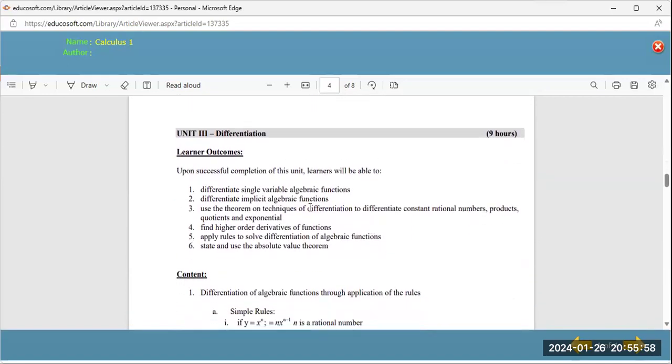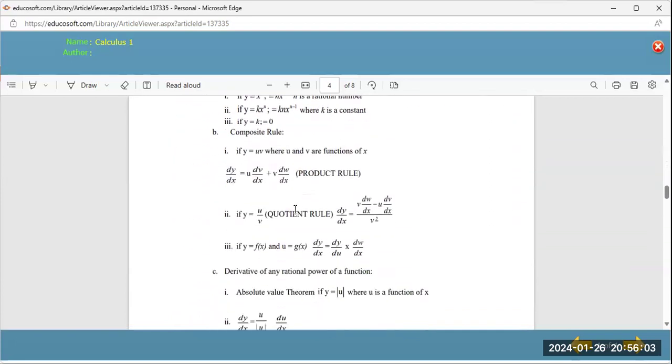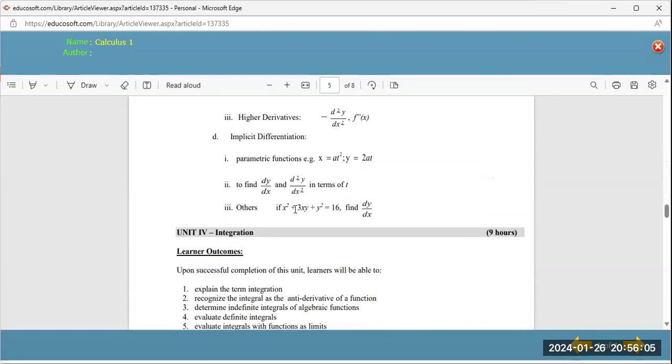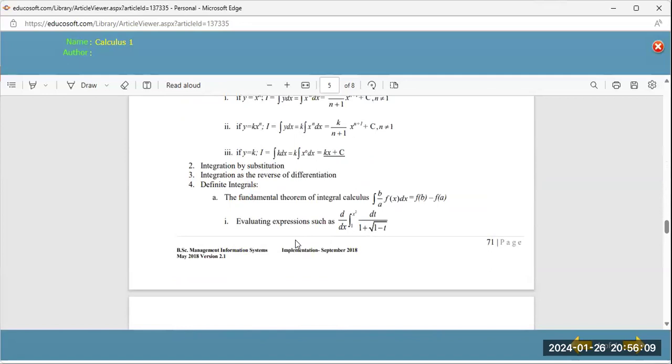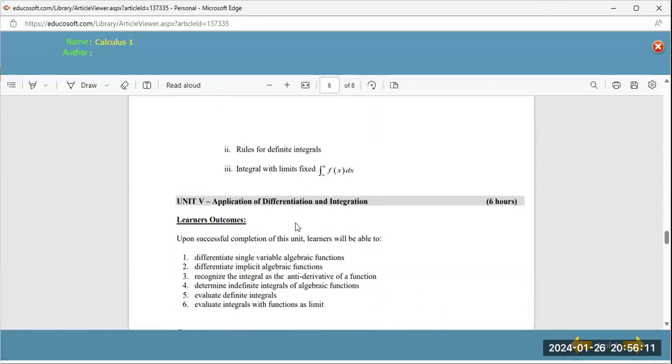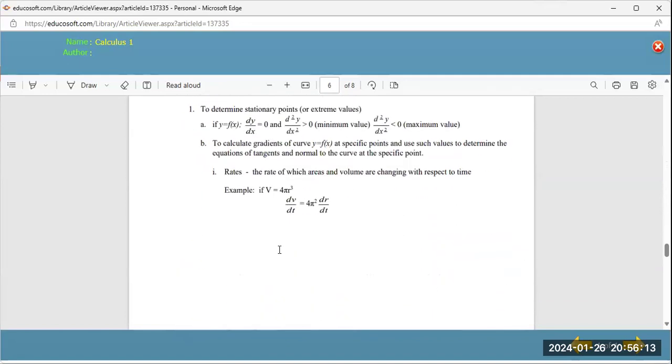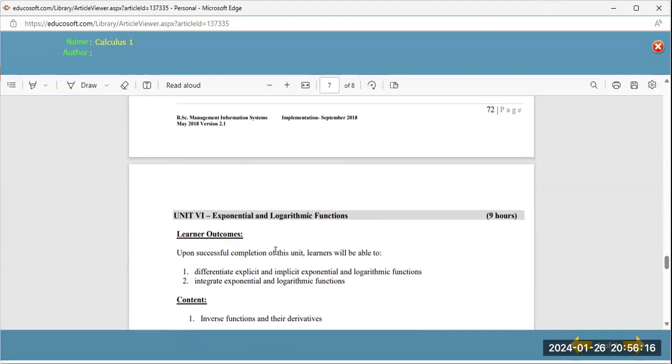And then I'm going to move into differentiation. I'm hoping to move very quickly to differentiation, then I move into integration. Those are some rules. Then I move into the applications, which is going to be the 5th one, applications of differentiation and integration. I think that is it. The other unit is exponential and logarithmic functions. I need to teach you that also.